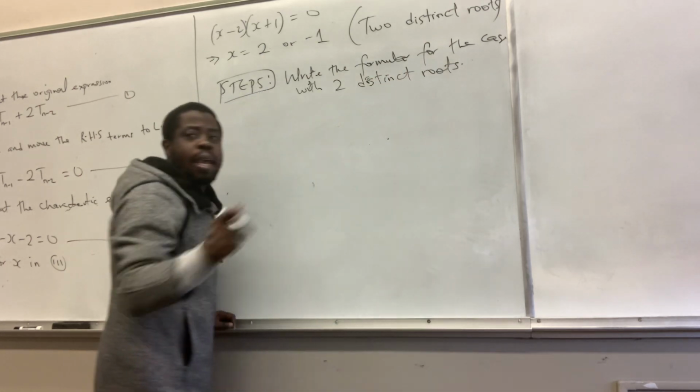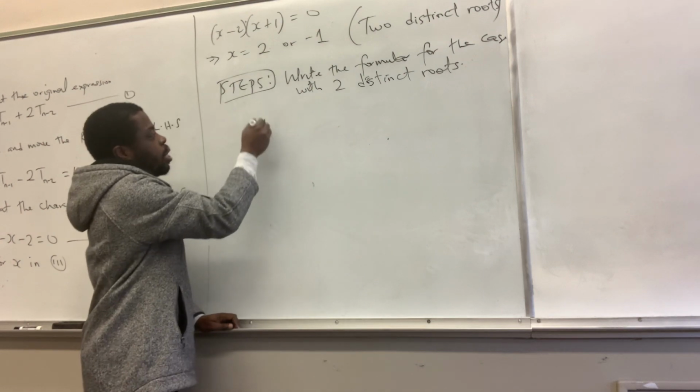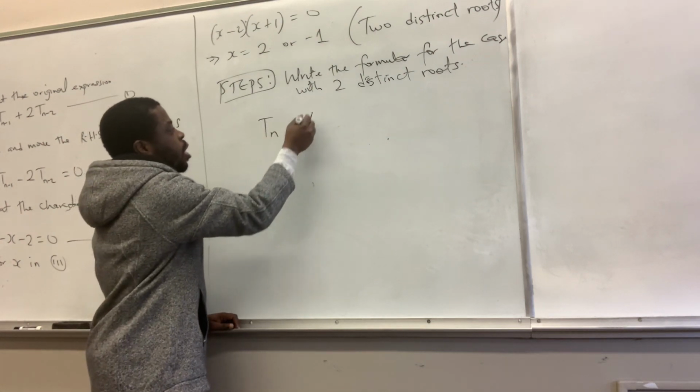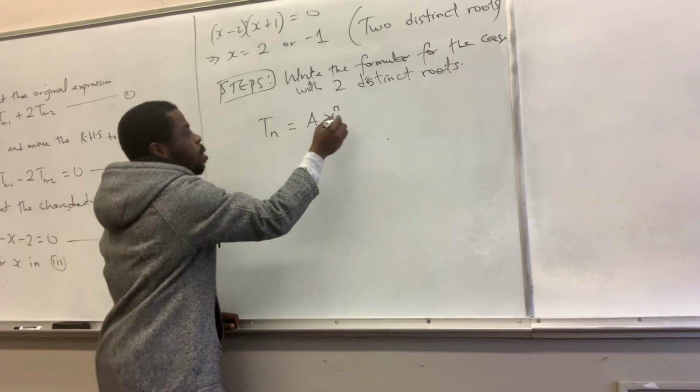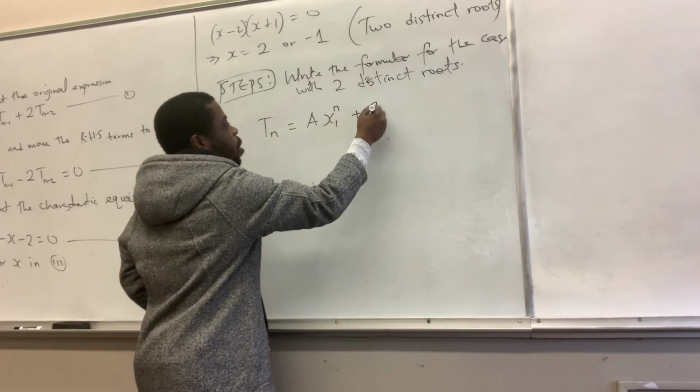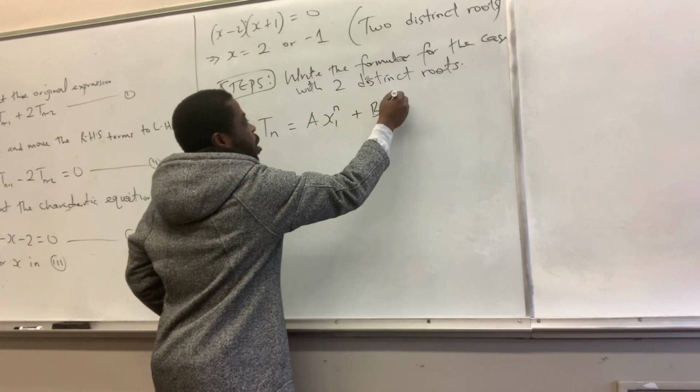And the formula says what? Tn is equal to A x1^n plus B x2^n.